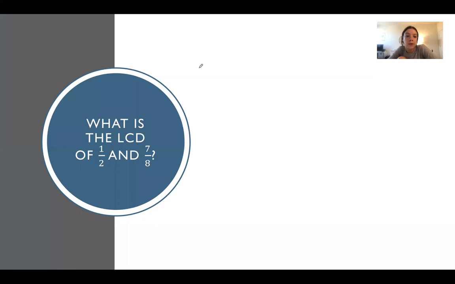So here are some examples. Here we're going to be trying to find the LCD of 1 over 2 and 7 over 8. So to start off, some multiples of 2 are 2, 4, 6, 8, 10, and then we'll stop there for now.